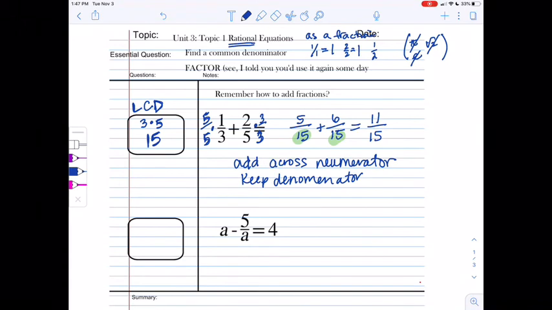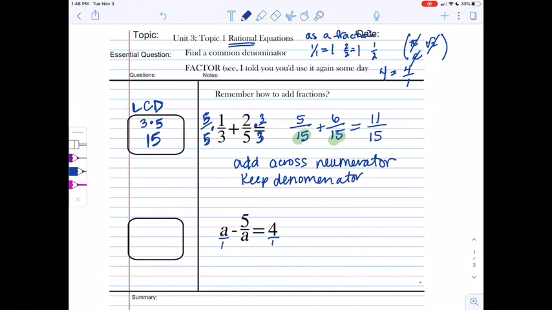So the same thing applies when we're talking about rational equations. And notice I have a number here that's written as a fraction. Back to that concept of any number written over 1 is itself. If I asked you to write the number 4 as a fraction, you would say 4 over 1. I'm reminding you of that because I have some whole numbers here, and anytime you have a whole number, I want you to write it over 1.